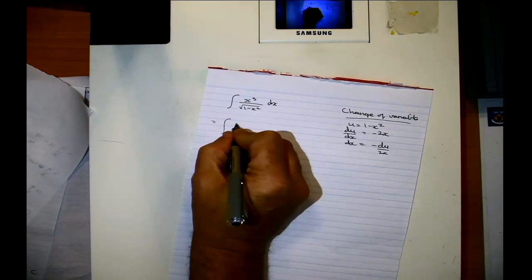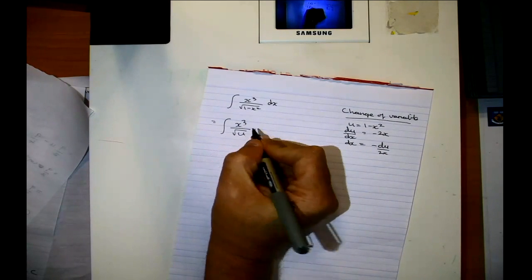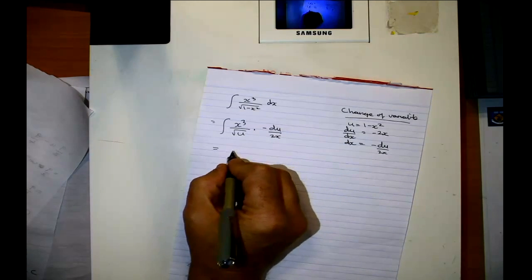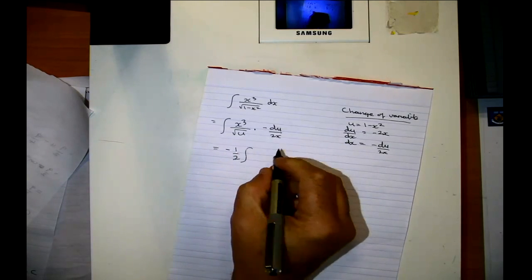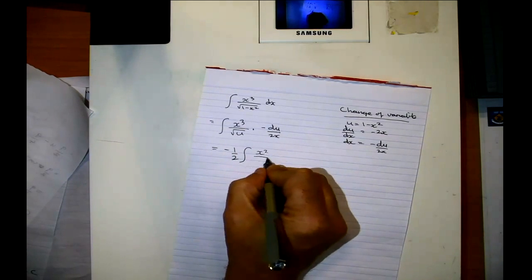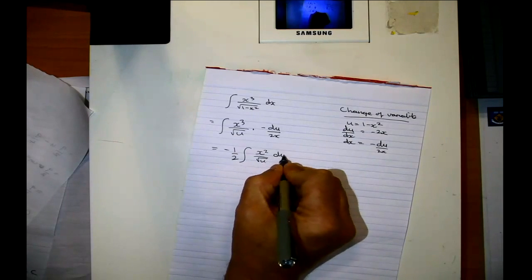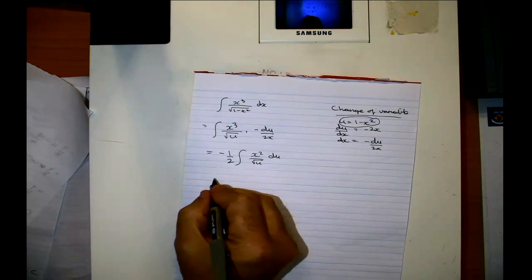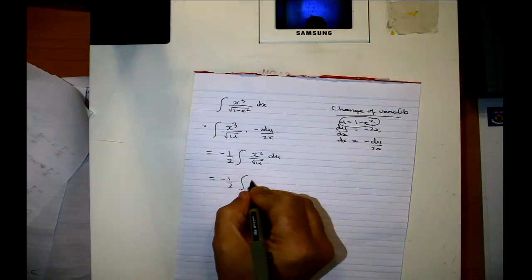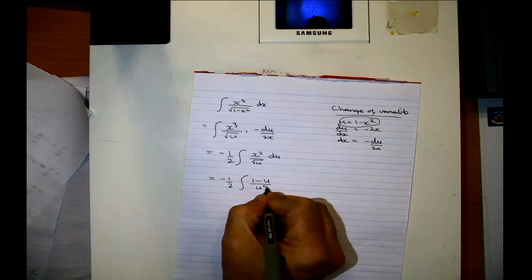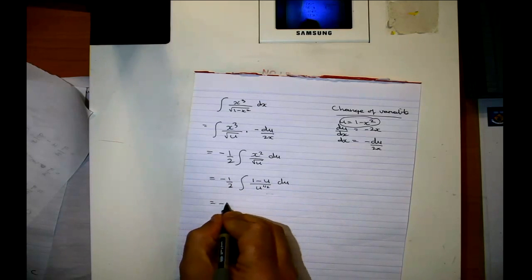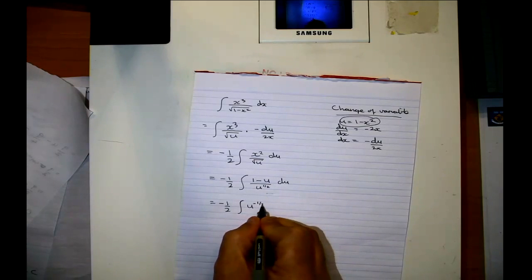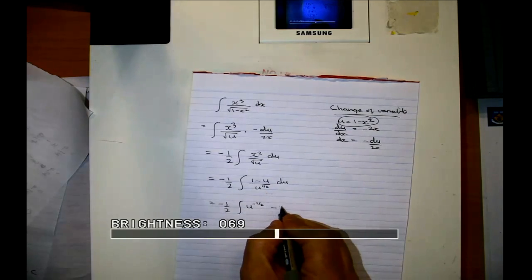So this becomes... clean this up. So what have we got? Let's take out that half, as I always do. Then I could use this if I wanted. This says x squared is 1 minus u. Now I'm getting somewhere. So 1 on u, that's u to the minus a half. U on u to the half is u to the half.